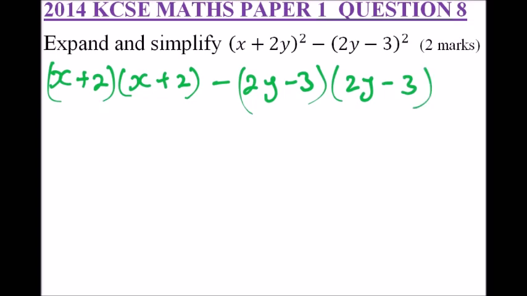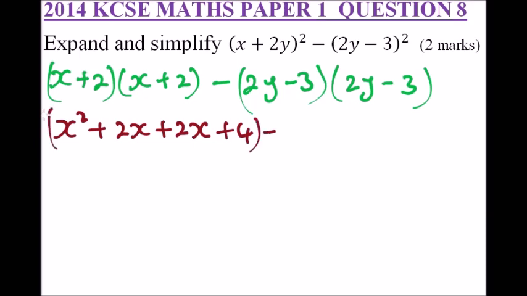From there, this is x squared plus 2x plus 2x plus 4, close the bracket, minus, this will be 4y squared minus 6y minus 6y plus 9, close the bracket.